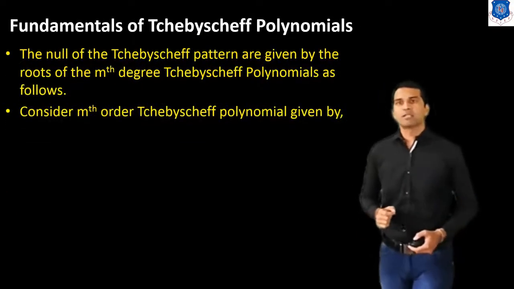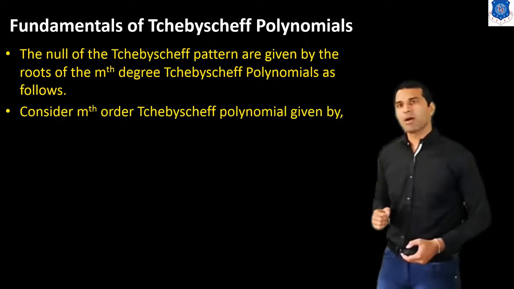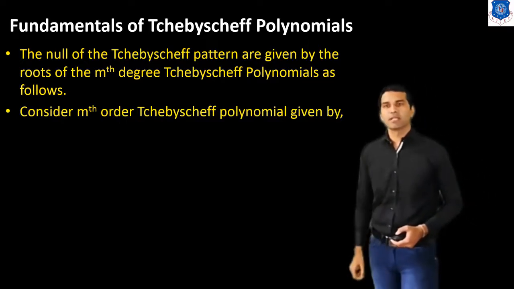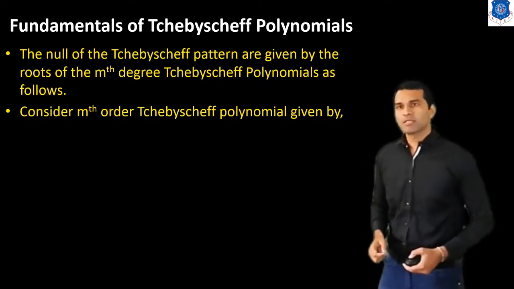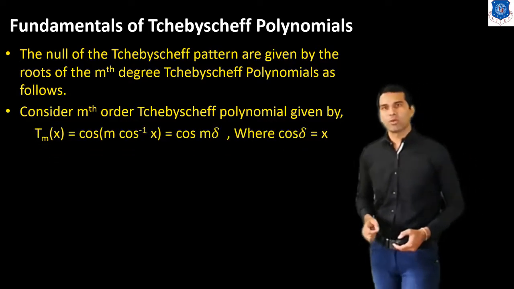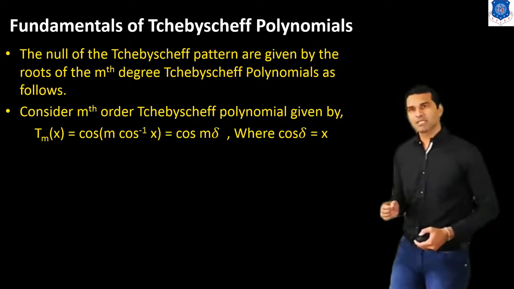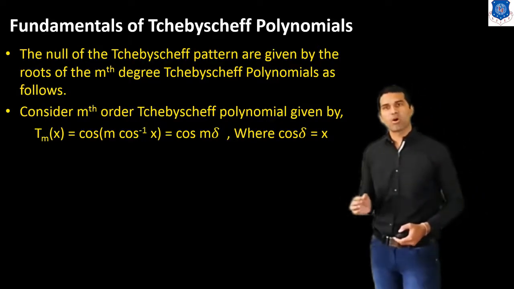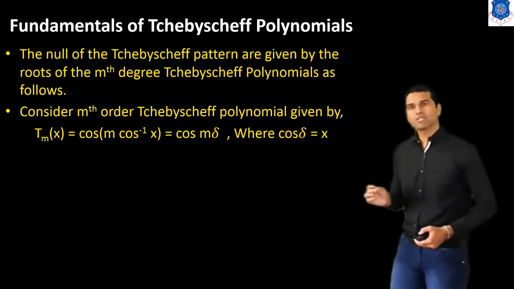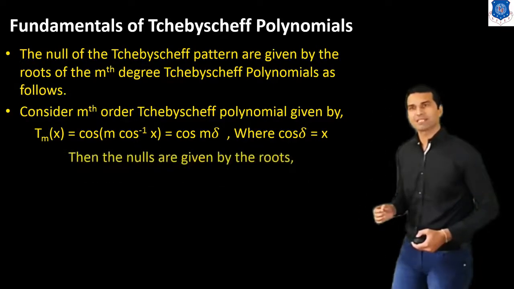The nulls of the Chebyshev polynomial are given by the roots of the mth degree Chebyshev polynomial, as follows. Considering the mth order Chebyshev polynomial Tm(x) equals cos(m cos inverse x) equals cos(m delta), where cos delta equals x.